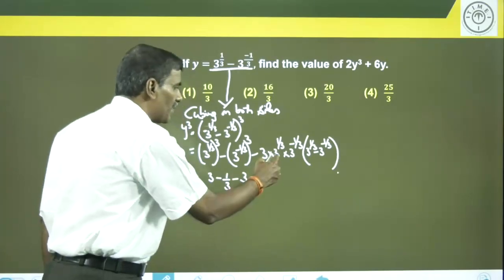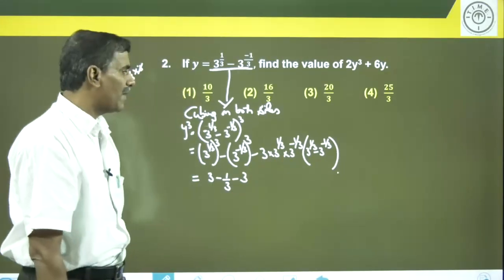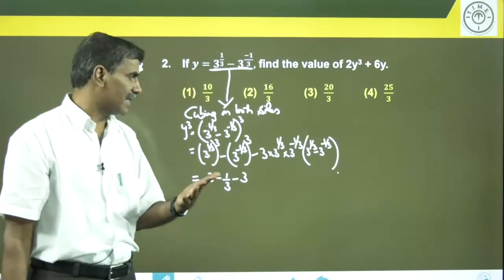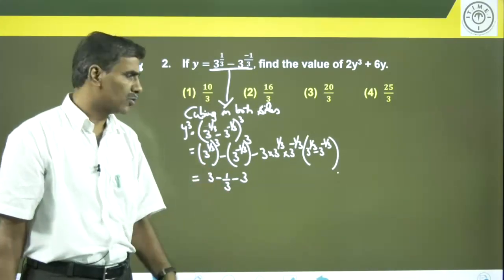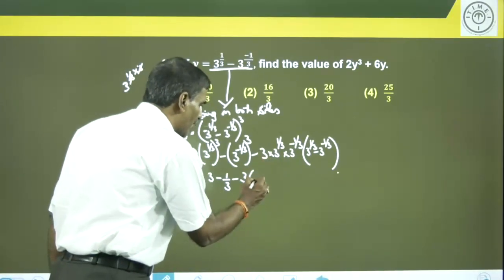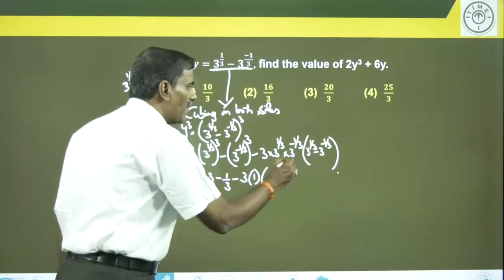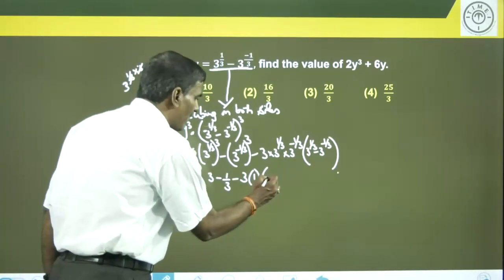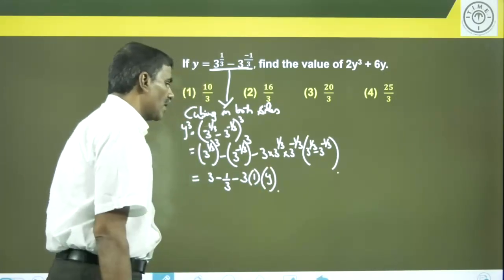Minus 3 into 3 power (1 by 3 minus 1 by 3), which will be something like 3 power x into 3 power minus x. So that will become 3 power 0, so that will be 1, anything to the power of 0 is 1. Into (3 power 1 by 3 minus 3 power minus 1 by 3), so that is nothing but y we will be having. Right or not?